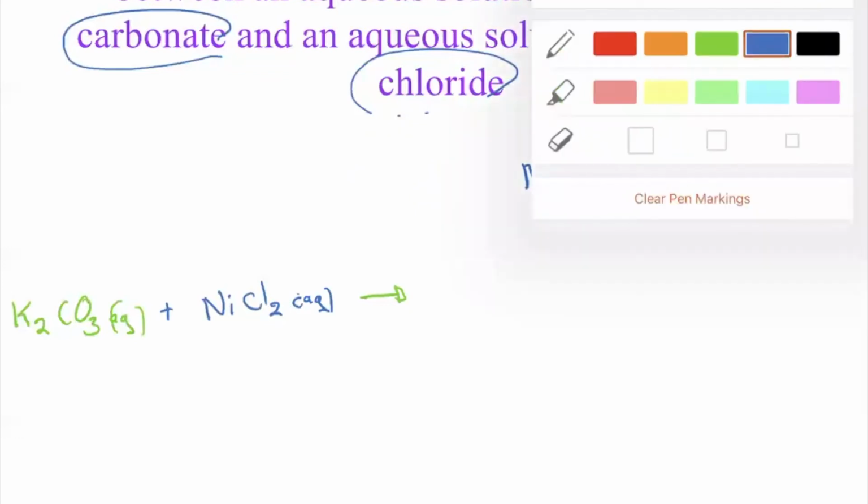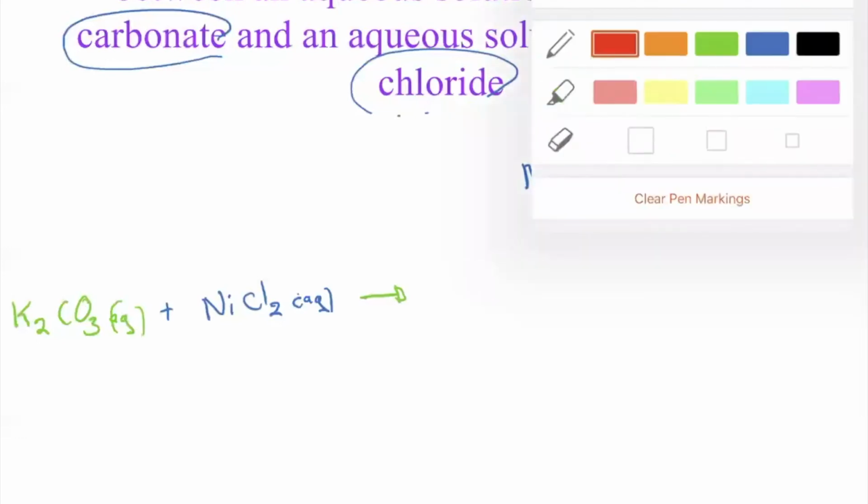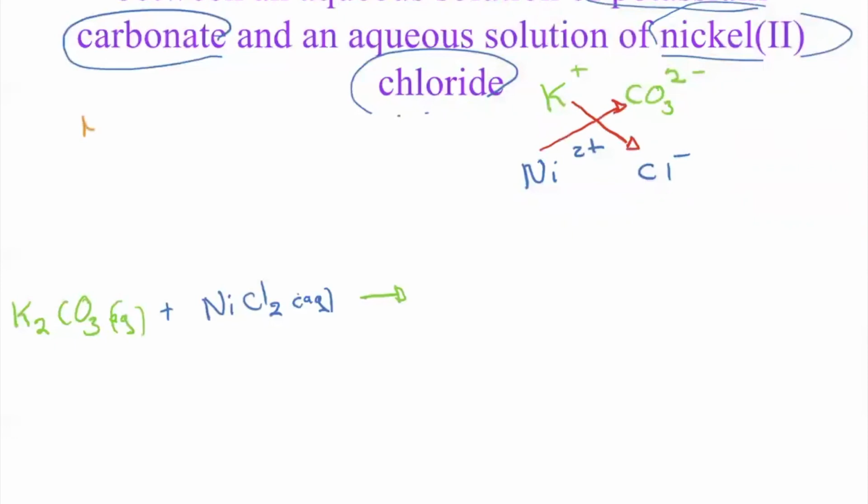So potassium goes with chloride, and nickel, because it's the cation, is going to go with carbonate. I will write them on the side so I know what I'm doing. So nickel 2 plus and carbonate 2 minus. You crisscross, and that gives you NiCO3. That's my first product, NiCO3.